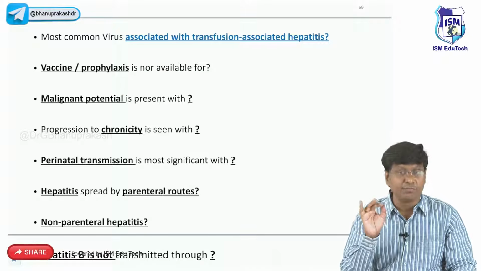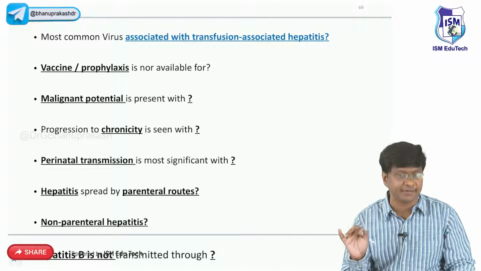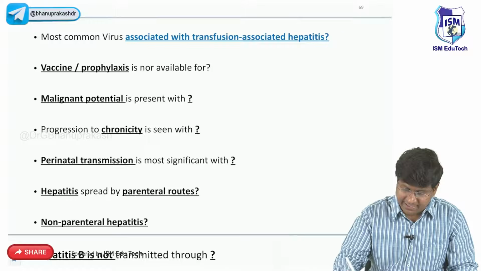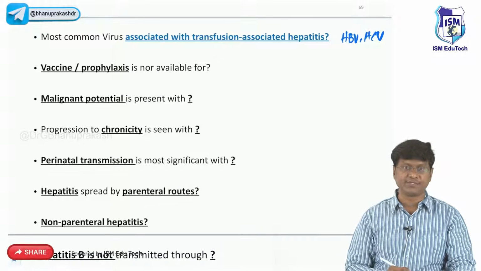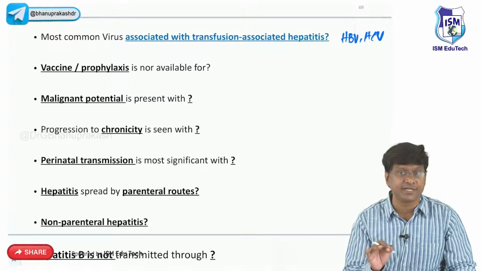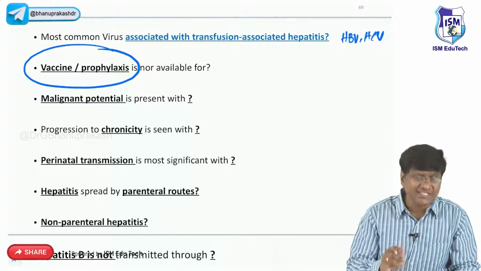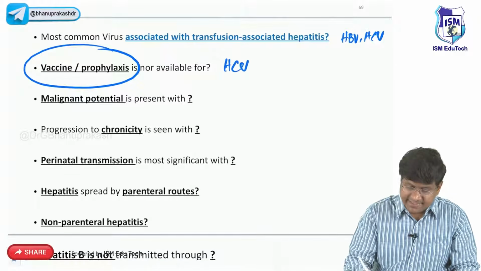You see this question: the most common virus associated with transfusion associated hepatitis will be the hepatitis B virus as well as the hepatitis C virus. Vaccine or prophylaxis is not available for which form of viral hepatitis? That is hepatitis C virus.